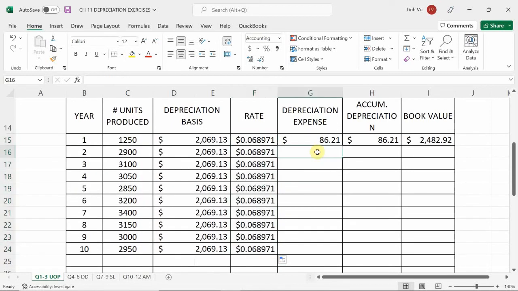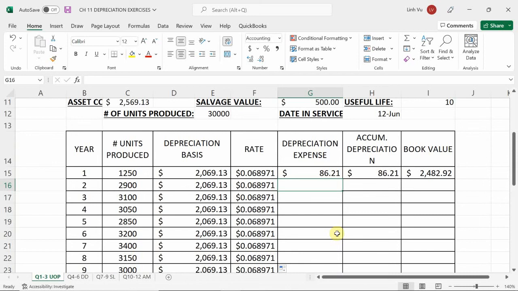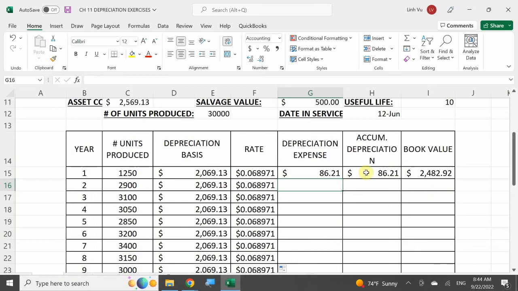Okay? Now, what's my depreciation expense if I produced 2,900 units this year? $200.02.